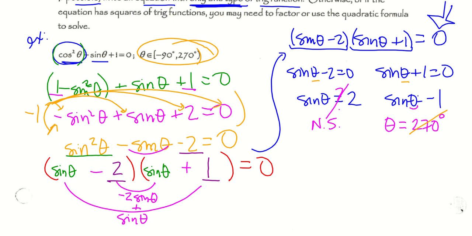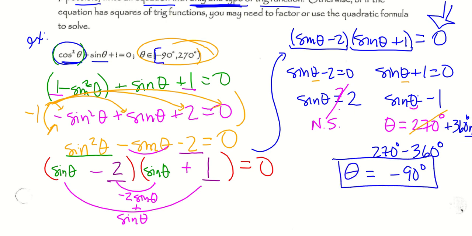So my answer for theta is 270 plus 360 degrees n, where that n means I can add or subtract. If I take my 270 degrees and I subtract 360 degrees, I end up with negative 90 degrees. Negative 90 is in my domain, so that is my solution for theta.